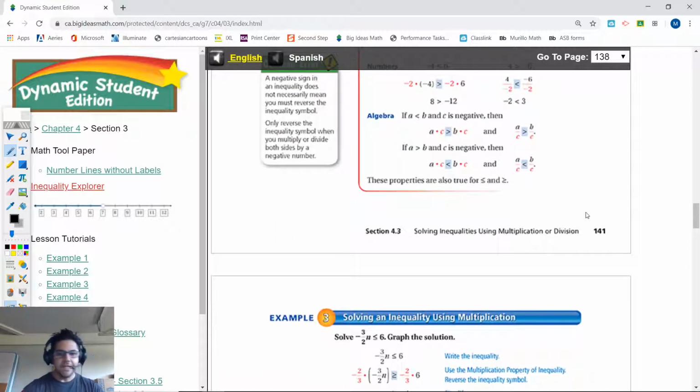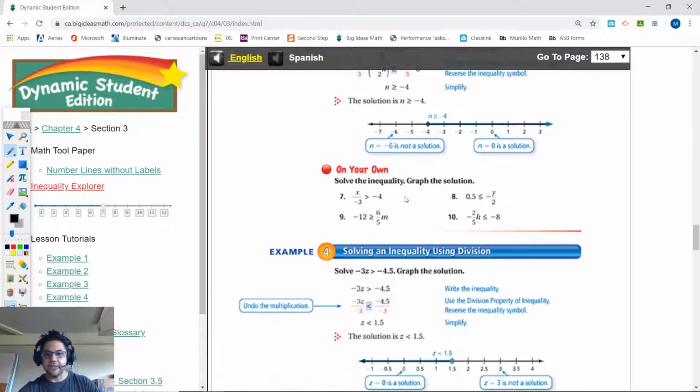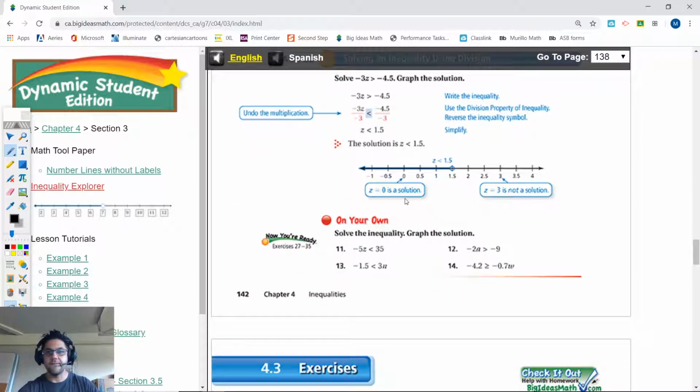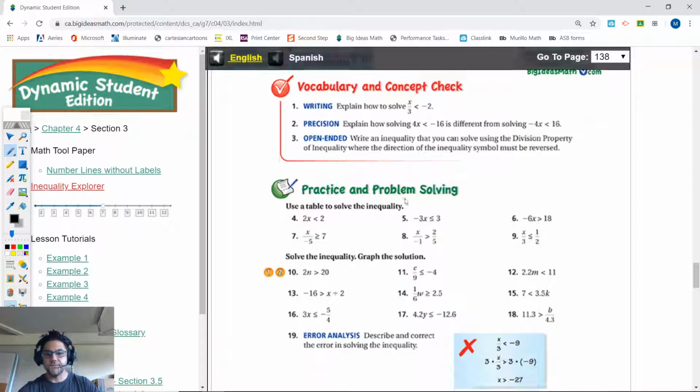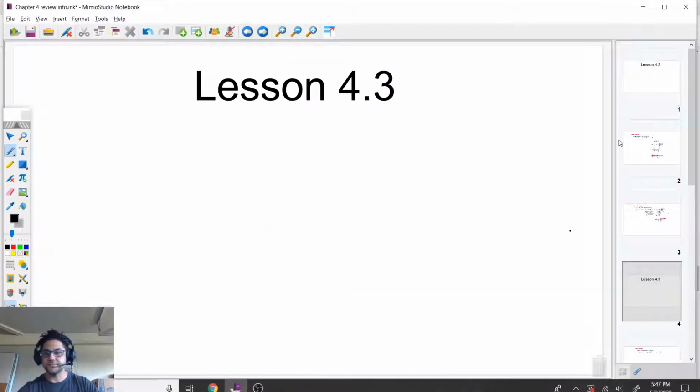Your assignment is page 143. Ooh, I can't forget about this one. I hope I have that one ready for us. Come back to that if we need to. All right, 5 through 23, just the odds, remember? You know what?